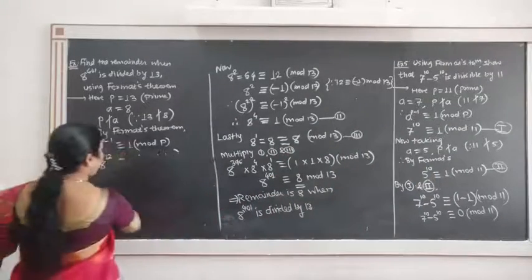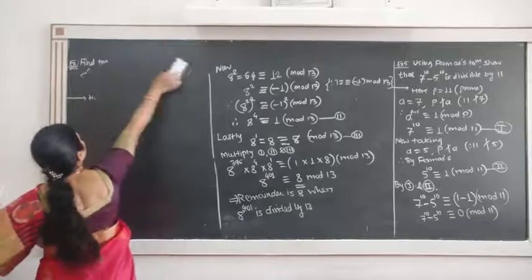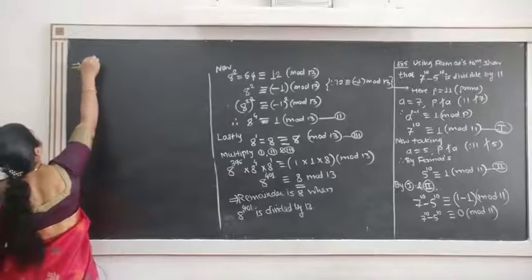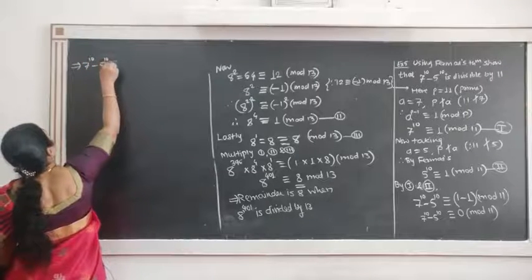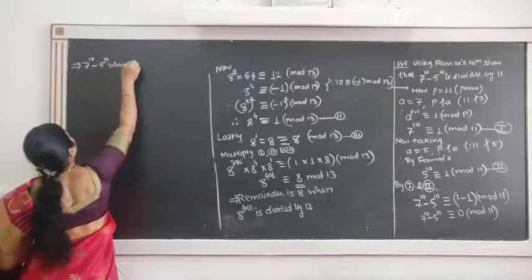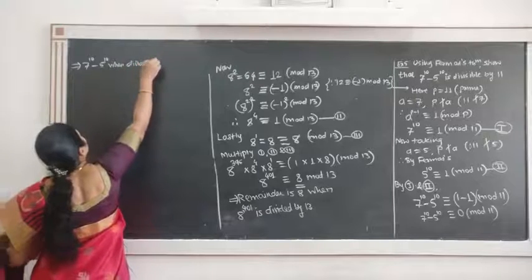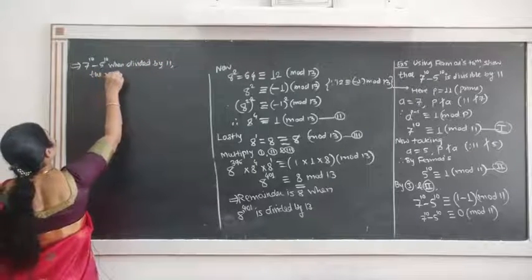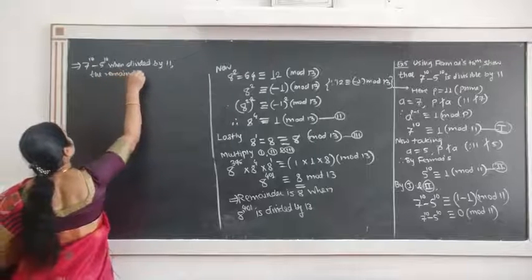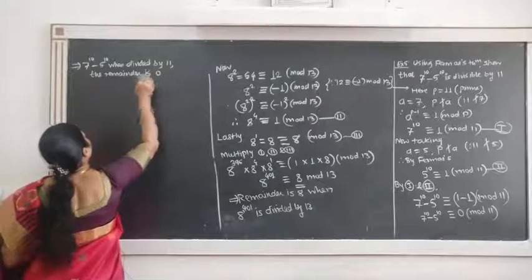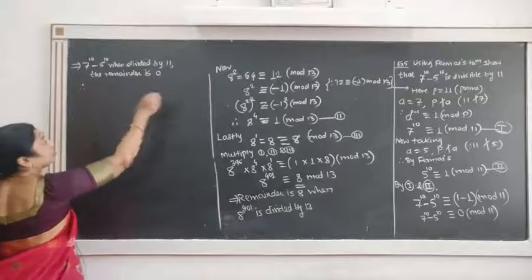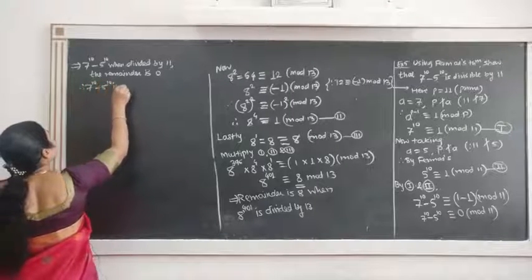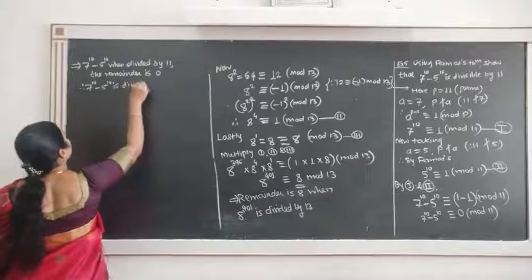So when divided by 11, the remainder is 0, and therefore 7 raised to 10 minus 5 raised to 10 is divisible by 11.